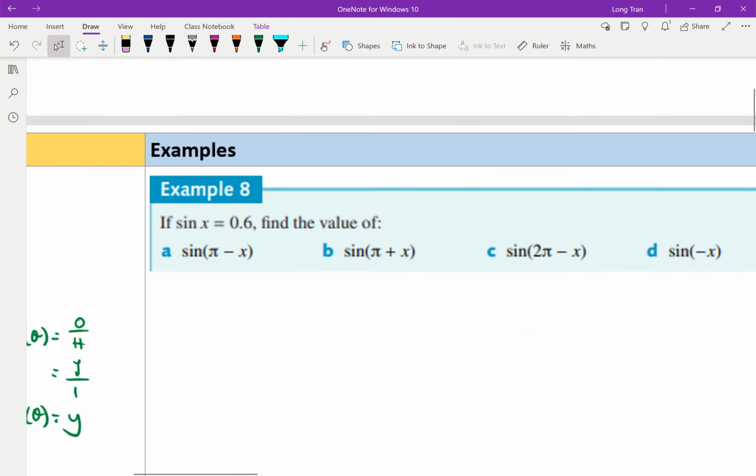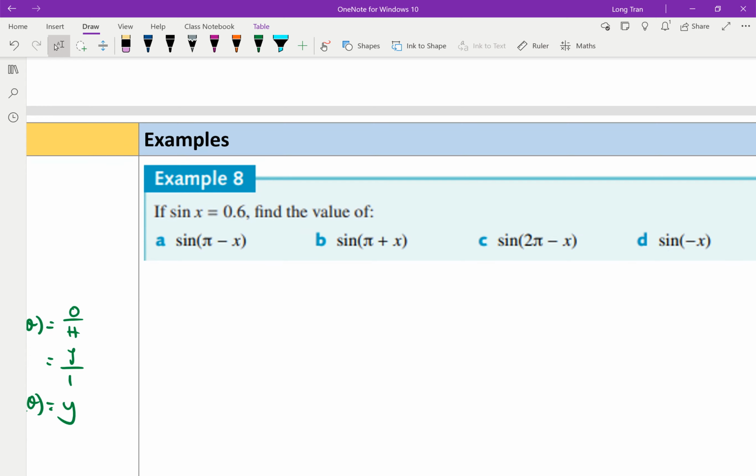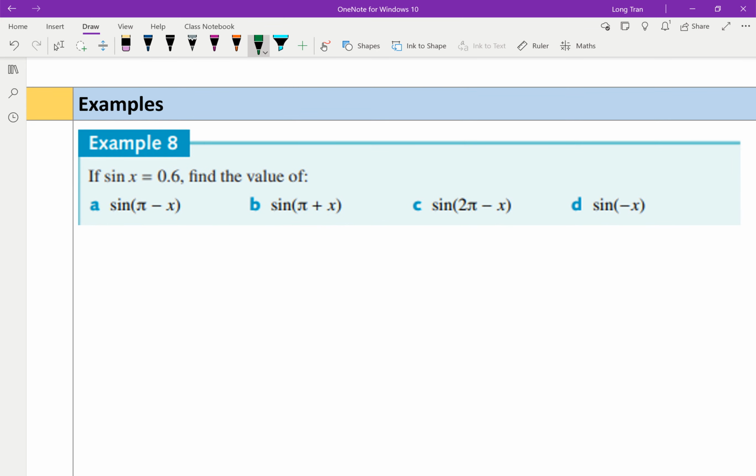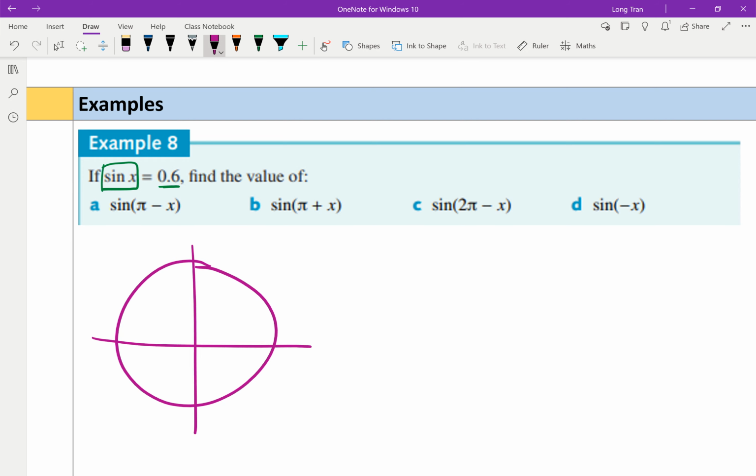Let's have a look at this example. It says sine of an angle, so we don't know what the angle is, but we know it equals 0.6. If I asked you to sketch this, this is what they're trying to teach you. I don't know what the angle x is, but I do know sine, which is the y value, is 0.6.